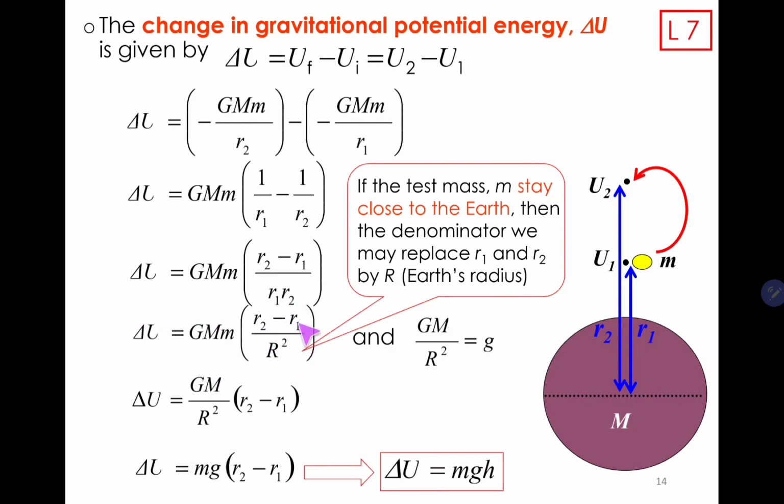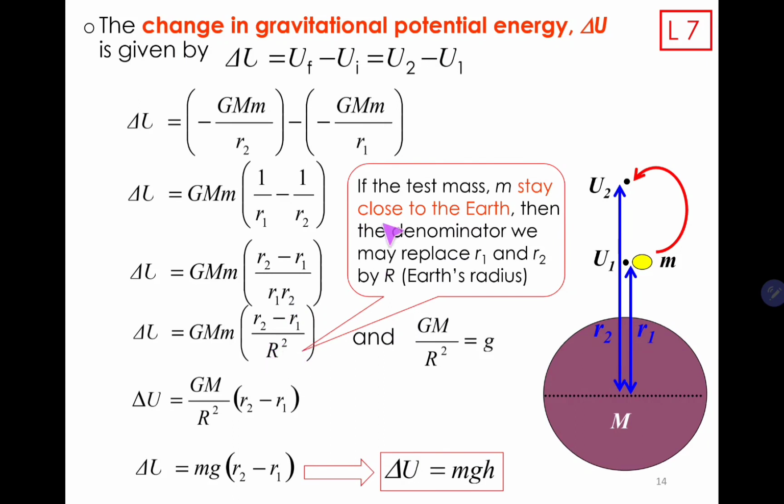How do you get this? By assuming that R1 and R2 are quite near to the Earth's surface. So R1 equals capital R, and R2 also equals capital R, where capital R represents the radius of the planet. So here R times R gives you R squared.